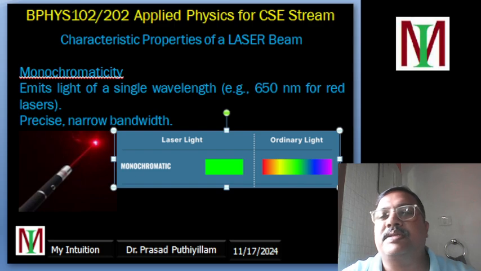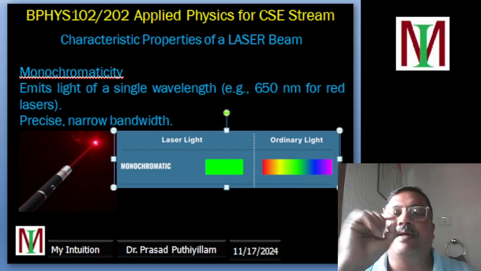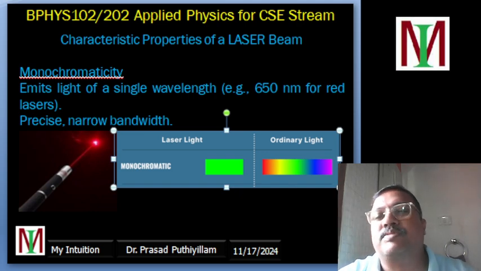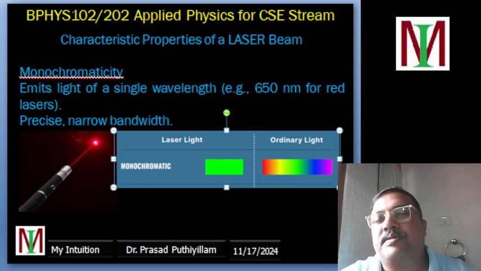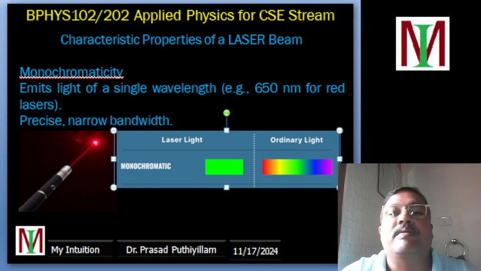It is so narrow that only a particular color passes through, so that it becomes very precise. This property is very important for applications like spectroscopy, where we need a very pure and well-defined wavelength of light to interact with matter to get the spectroscopic images of an object.